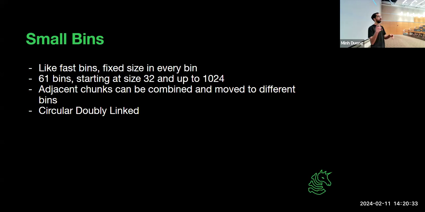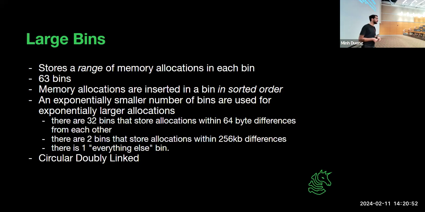So each chunk will point forwards and backwards to the next chunk in the free list, and at the end of the free list, it points back to not the first chunk, but the pointer where the array is held. So it kind of points back to where the free list's pointer is held. So that's small bins. Large bins carry everything else.